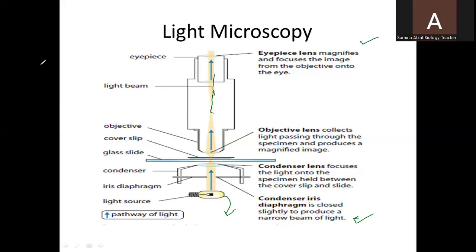So it will be magnified and focused, and due to this we are able to observe through the eyepiece. In this way, the light microscope works with the help of the lenses inside the objective lens and eyepiece lens, which magnify all these images.